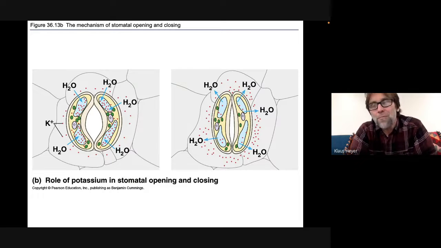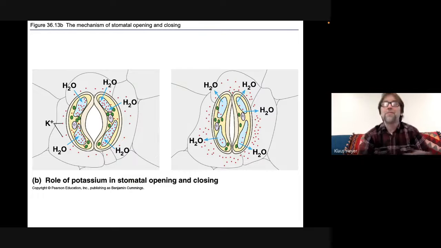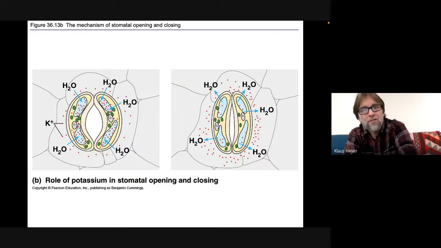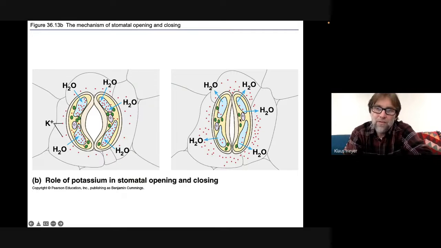So I was just trying to apply some other ideas that you already know to this. But yeah, these are guard cells. These are stoma, or stomata for plural. And this is a closed position, and this is open. And it's all about filling these vacuoles with more water to make it bend right there.